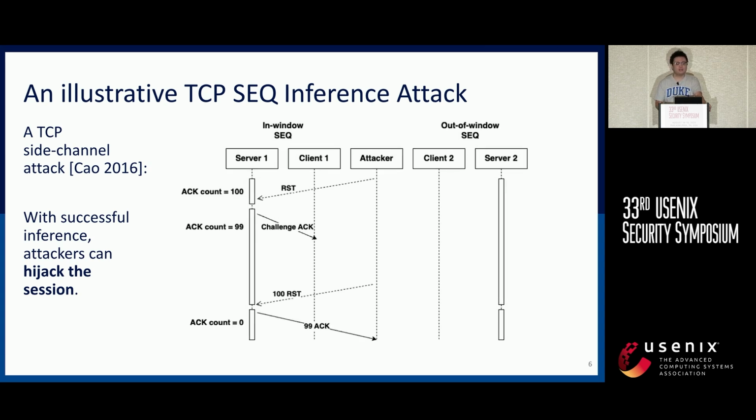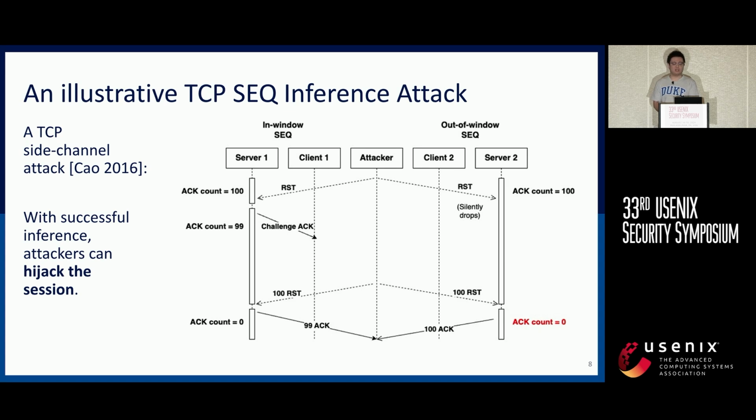In a second stage, the attacker can flood the server with 100 reset packets. If the counter has been previously lowered, then limited by this counter, the system will only send 99 ACK packets back. While if the initial reset packet contains an invalid sequence number, the server will instead ignore this packet and will not lower this counter. So in the second stage, the attacker will now see 100 responses instead of 99.